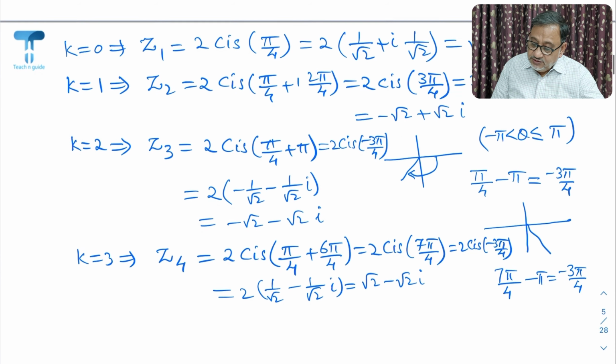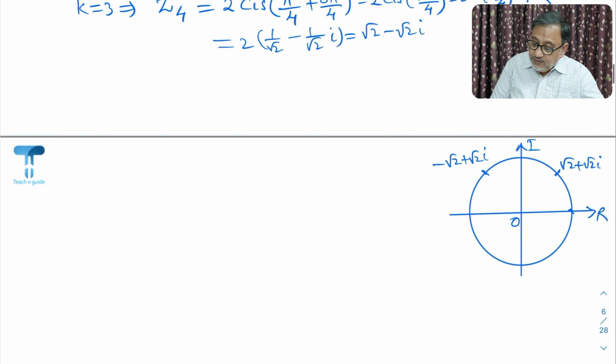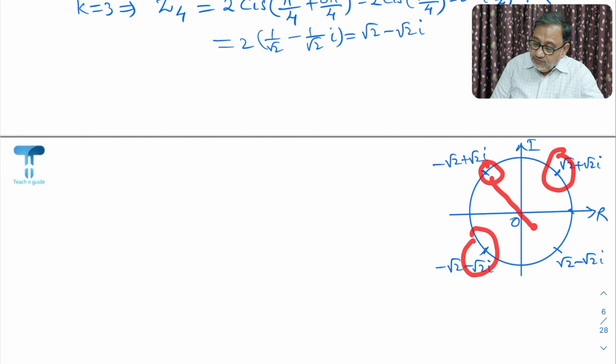Then the third one is both negative, here in the middle, minus root 2 minus root 2 i, and the fourth will be here, root 2 minus root 2 i. So look here, they are equally spaced, and each pair is in conjugate. So the conjugate of this is this one, and the conjugate of this is this one. They are in conjugate pairs.